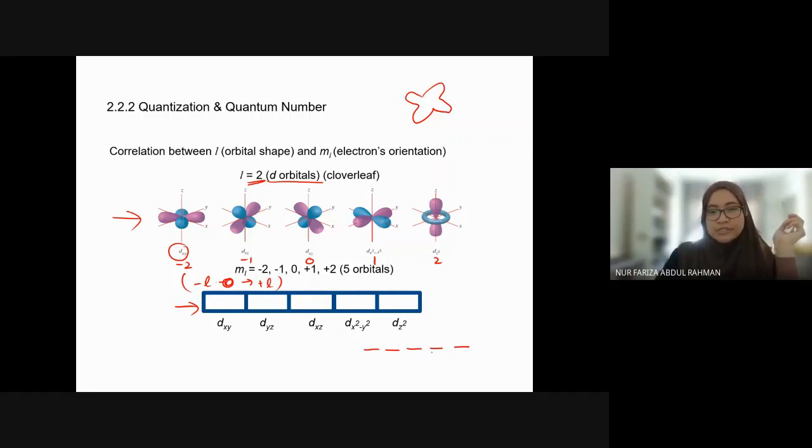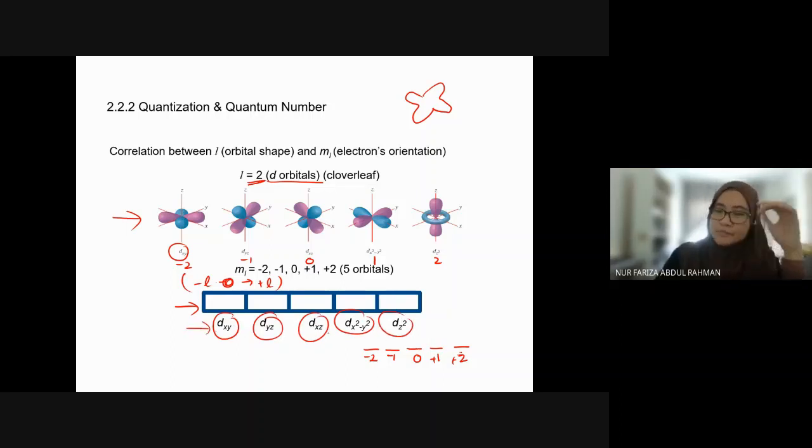We may use these dashes to represent the orbital. So here we have -2, -1, 0, 1, +2. Or we can use this to represent the axis. This is quite tricky, sometimes we can miss out.